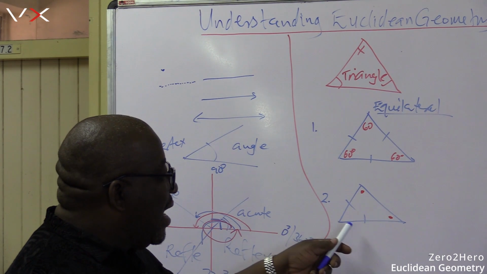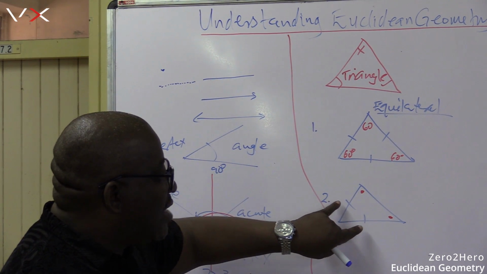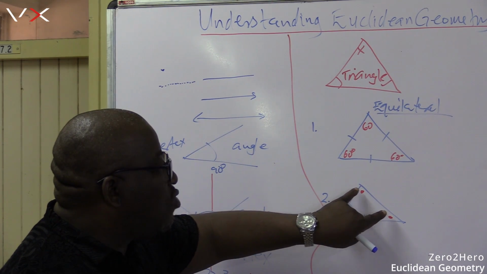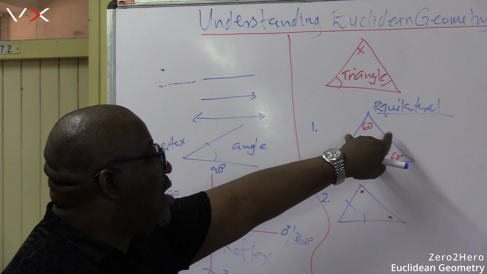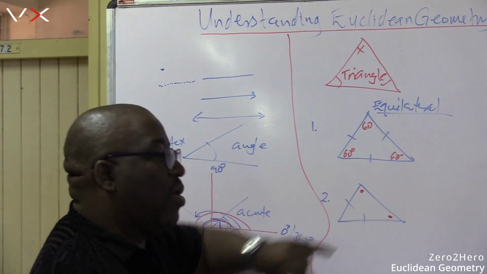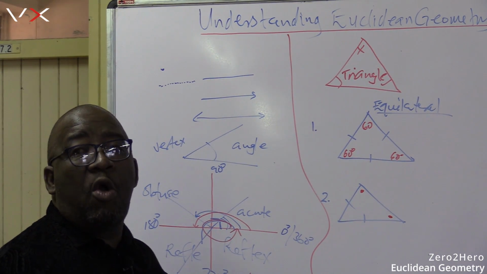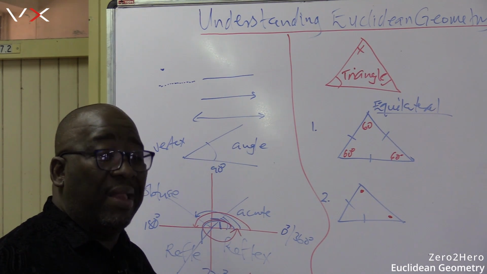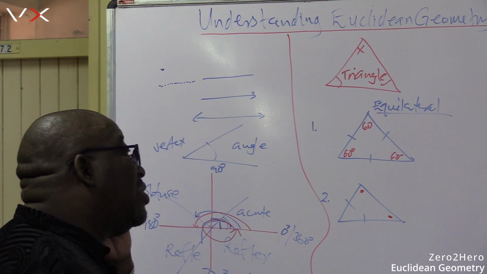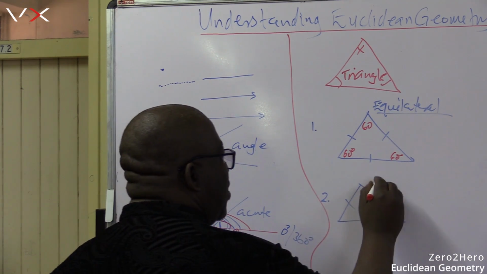So the angles opposite equal sides will also be equal. If these sides are equal, those angles will be equal. You can use your fingers to make life easier. So angles opposite equal sides are equal. That's another theorem that you apply in your grade 12 maths. So we know that this is called an isosceles triangle.